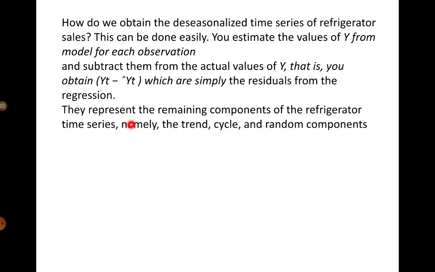These residuals would represent the remaining components of the time series, that is the trend, the cyclical and the random component. So it's a very easy and very useful technique, one of the simplest ways of deseasonalizing or seasonally adjusting time series data.